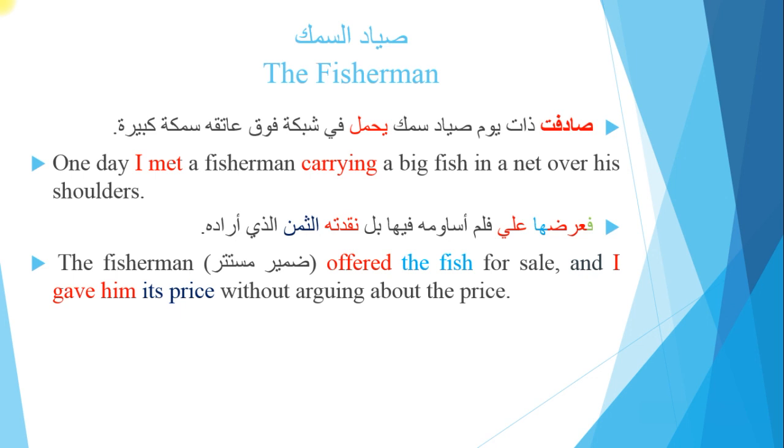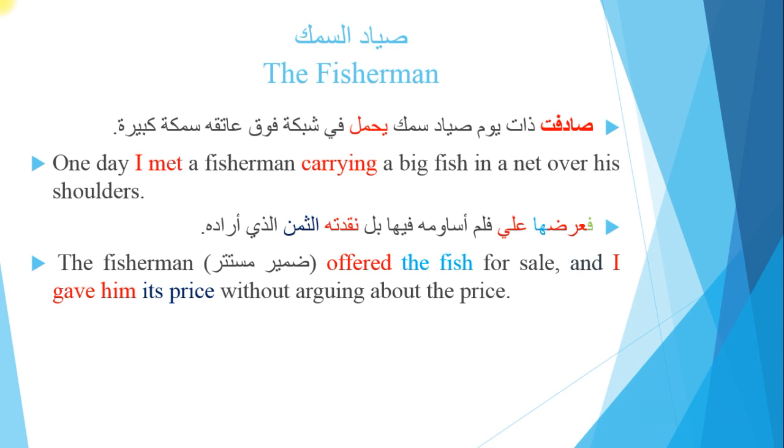We said that we start from the verb, that means the subject and the verb in English language. In Arabic the subject is ضمير مستتر, but in English we have to write the subject. So the subject is the fisherman. The fisherman offered the fish for sale.